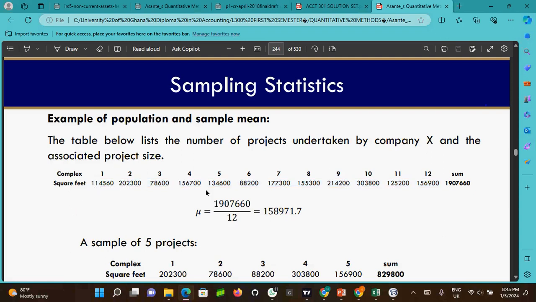They added all the square feet and had a total of this. The total population was 1, 2, 3, up to 12. So they divided it by 12, and they had the population mean.